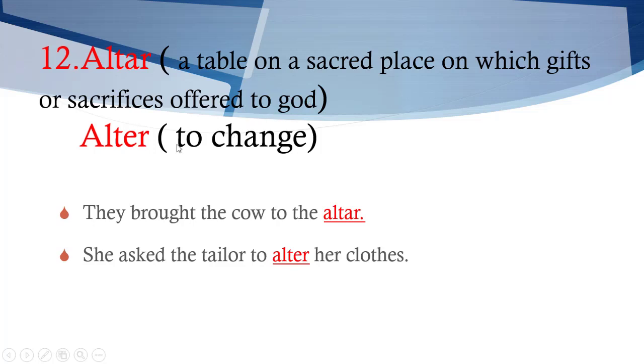The second word, alter, means to change. So how can we use the first word in a sentence? They brought the cow to the altar. And how can we use the word alter? She asked the tailor to alter her clothes.